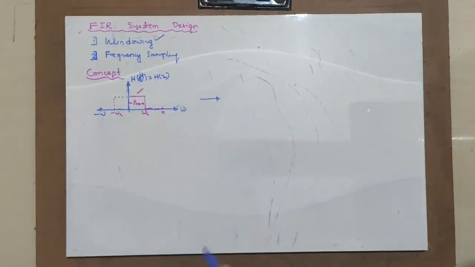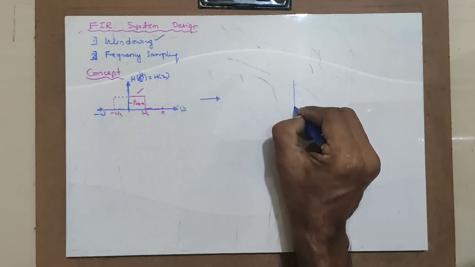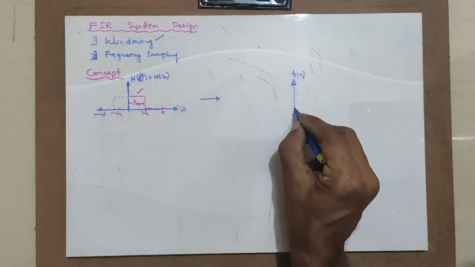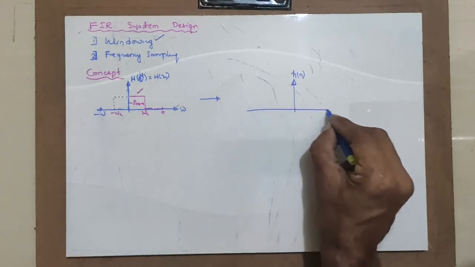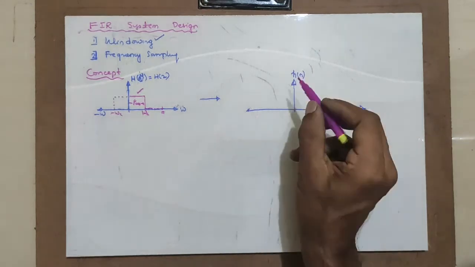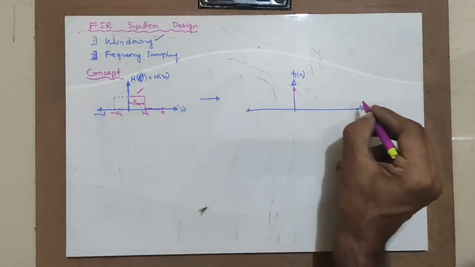The time domain response will be something like this. I mean to say, it can exist from minus infinity to plus infinity.